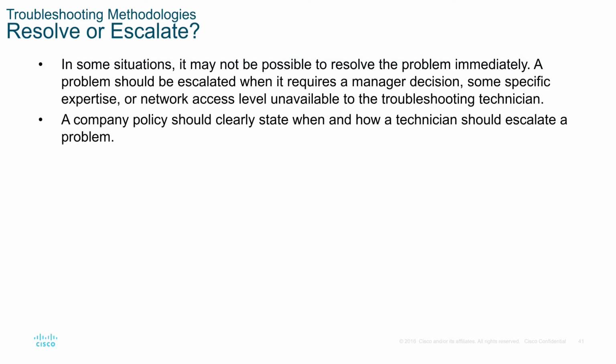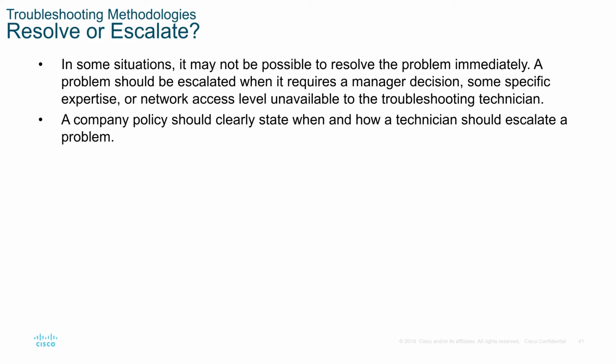In any company, the hardest thing to teach a technician is when to realize they are over their head and to stop. So in some situations, it may not be possible to resolve the problem immediately. A problem should be escalated when it requires a manager's decision, some specific expertise, or network access level unavailable to the troubleshooting technician.